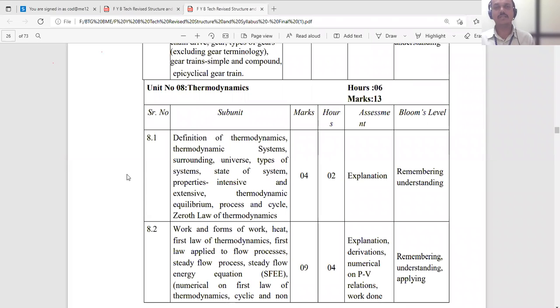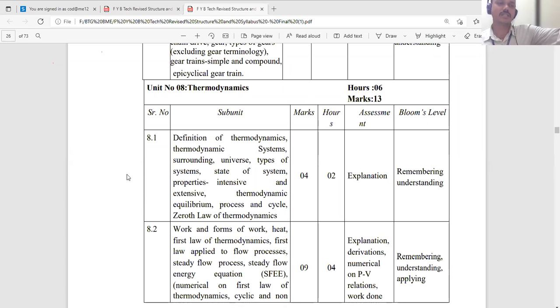Then next one is the surrounding. What is meant by surrounding? Neighborhood. All other parts of the universe outside the system. Correct. Everything around the system.